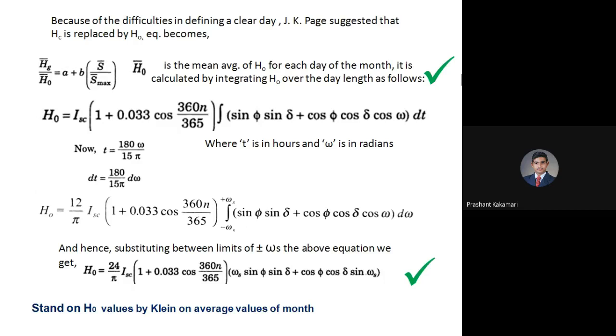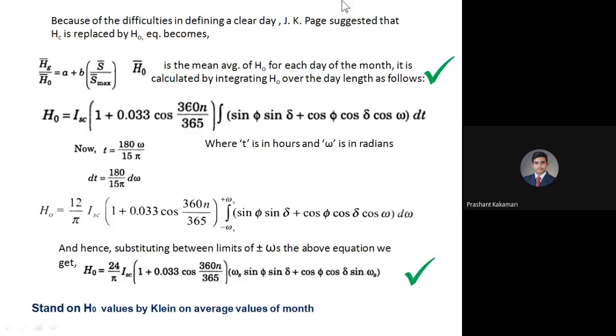So the below equation, if you see, H naught is 24 by pi, solar constant, into 1 plus 0.033 cos of 360 n by 365, into omega s sin phi sin delta plus cos phi cos delta sin omega s. Here we are using it directly, but how did we come to this equation?